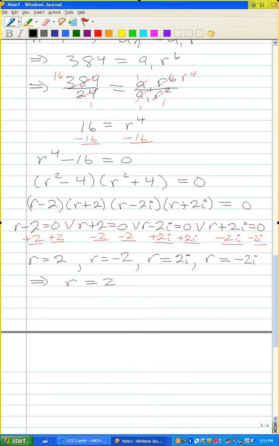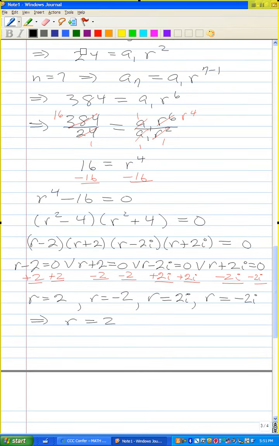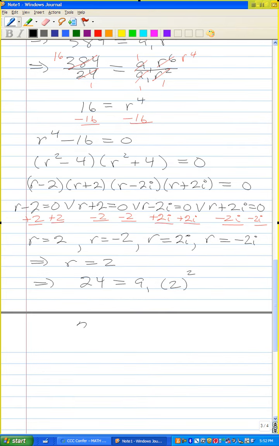And so I have here that 24 equals a1 r squared. So 24 is equal to a1 times 2 squared. And so 24 is equal to 4a1. Divide both sides of my equation by 4.